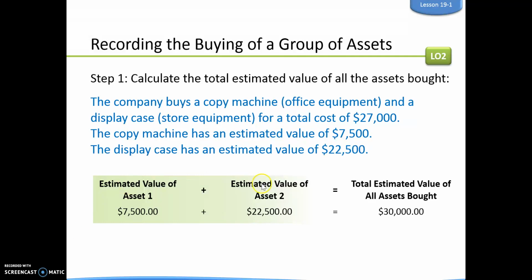So even though we only paid $27,000, we need to make sure we know how much of these two together, $7,500 and $22,500, total for our estimated value of our assets. So we have an estimated value of $30,000. Okay.